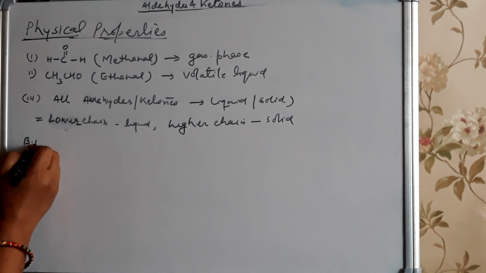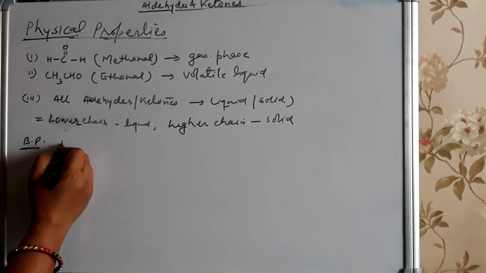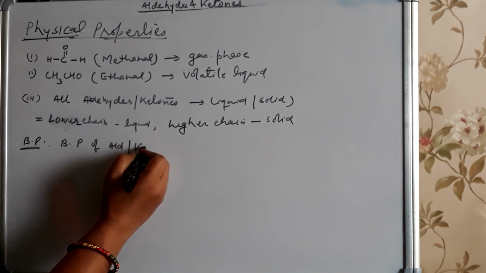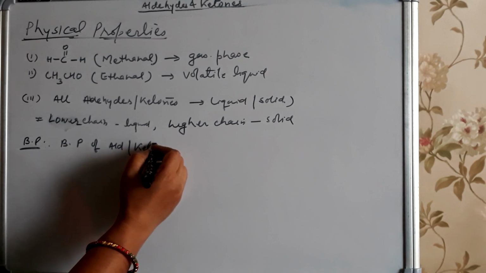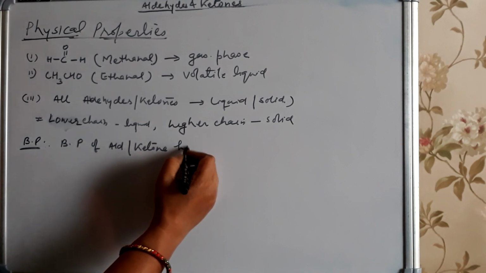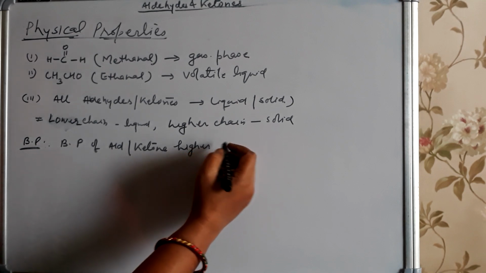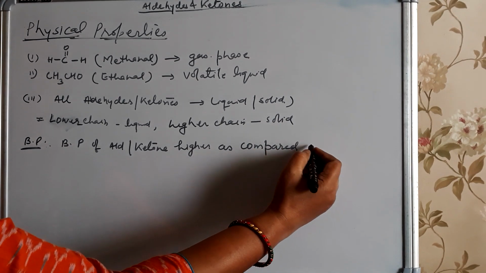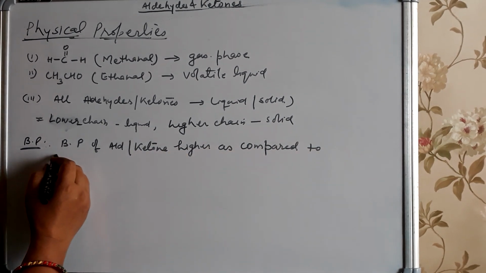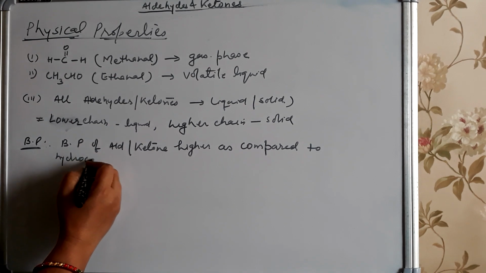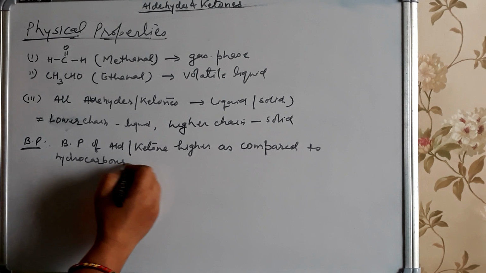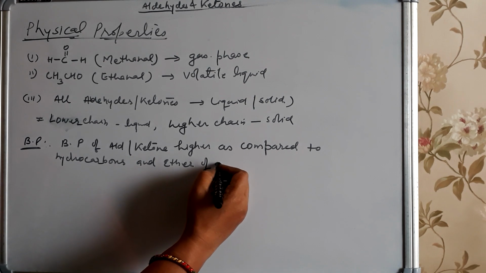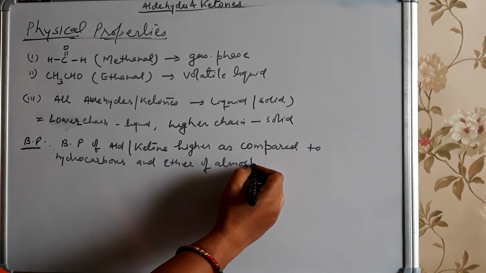Next, boiling point. The boiling point of aldehydes and ketones is higher as compared to hydrocarbons and ethers of almost the same mass.